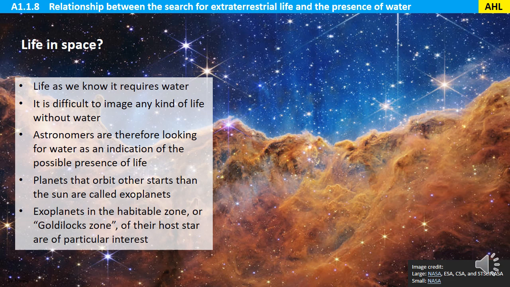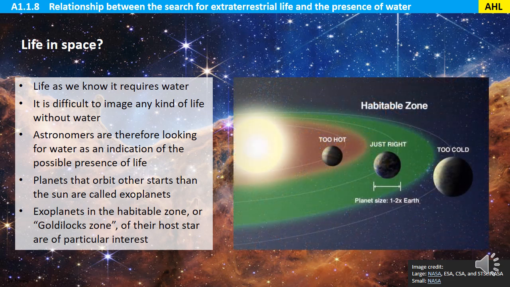And exoplanets in the habitable zone, or the Goldilocks zone of their host star, are of particular interest. A habitable zone means that it's not too hot, not too cold for liquid water to exist. These are the planets that astronomers focus on when they are trying to find hints of life around other stars.